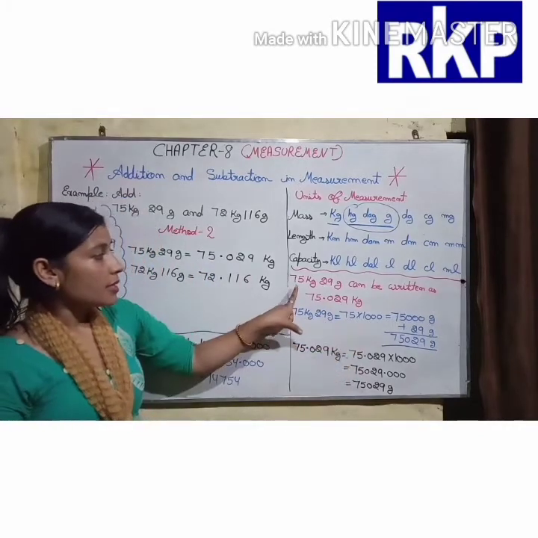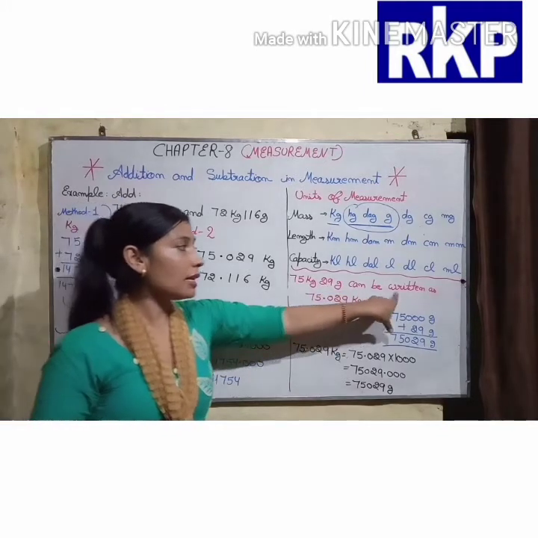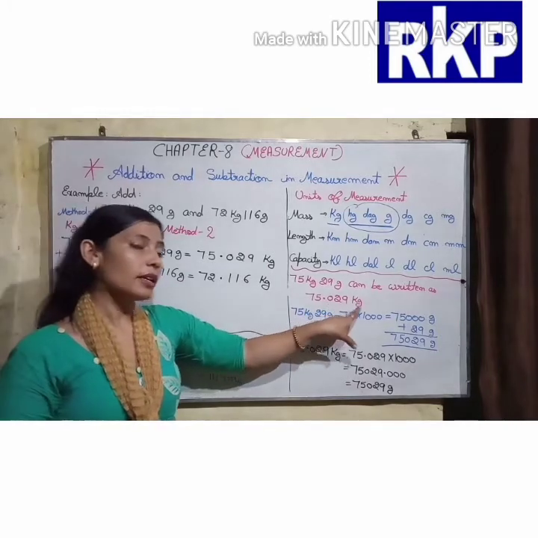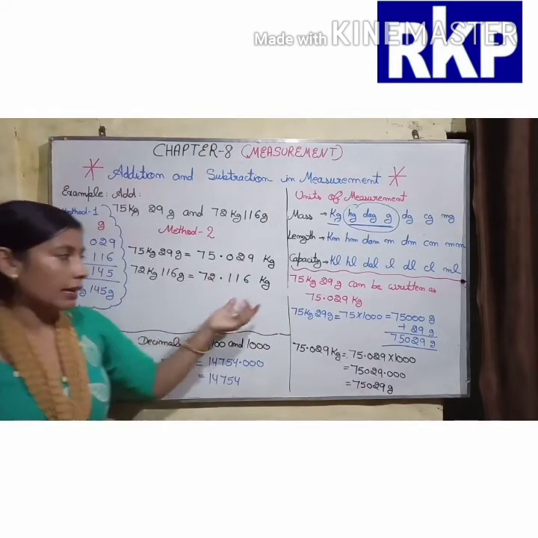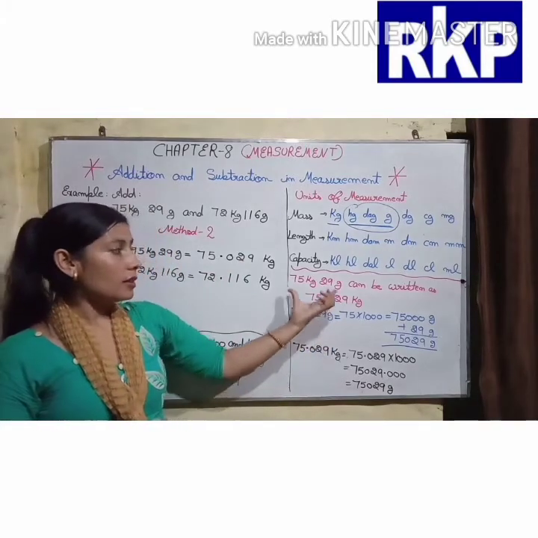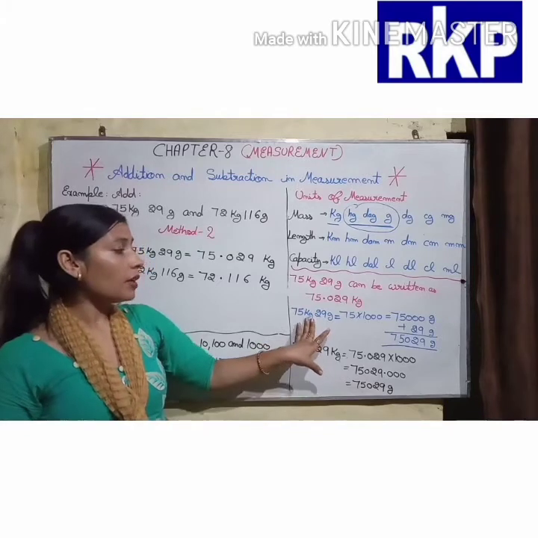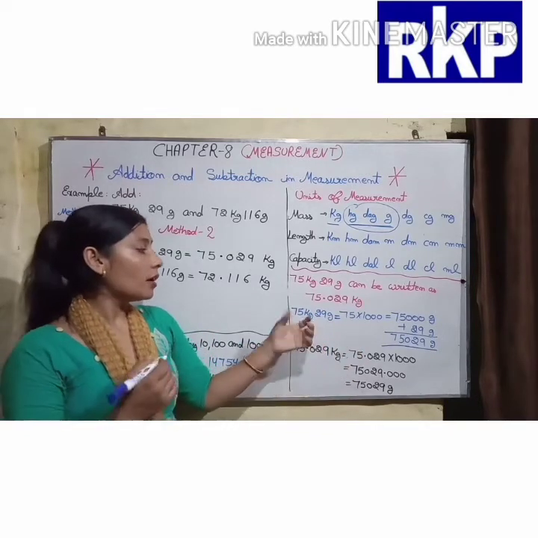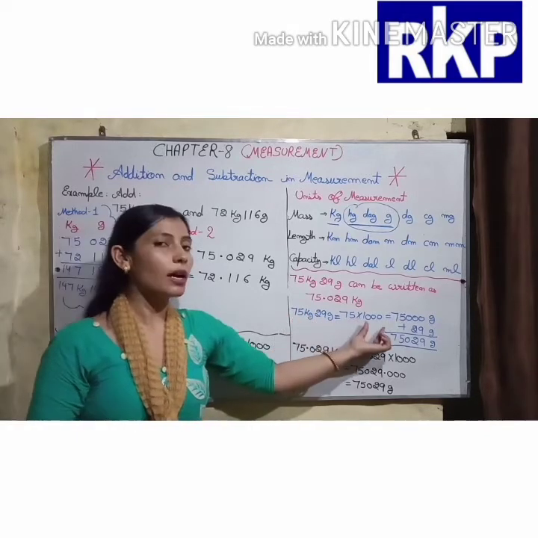Okay, and you can understand this relation by using this also beta. 75 kilogram 29 gram can be written as 75.029 kilogram. But why beta? Let us see. If we convert this into grams, then we need to multiply kilograms with 1000.